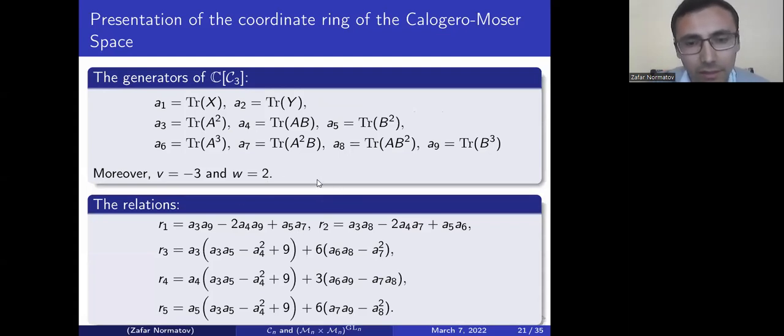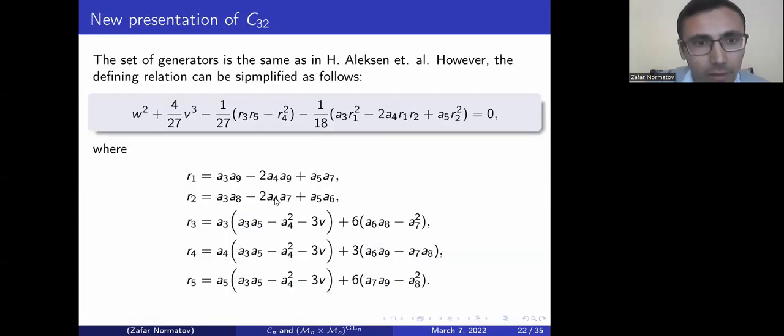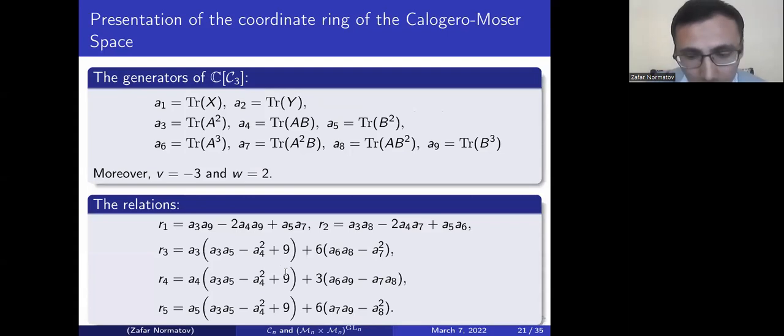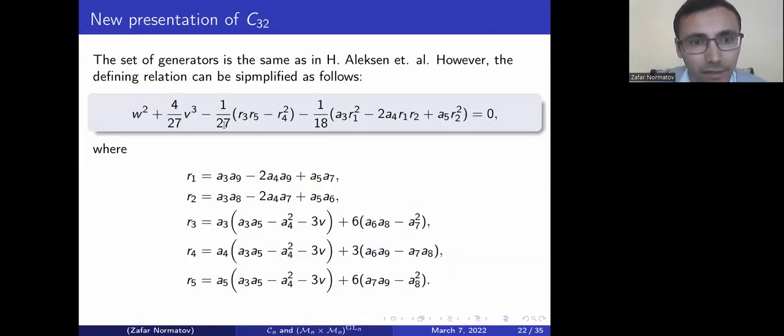These results are our results. By the motivation of the 5 relations, we can write the defining relation of C3 too, where we have 5 notations.